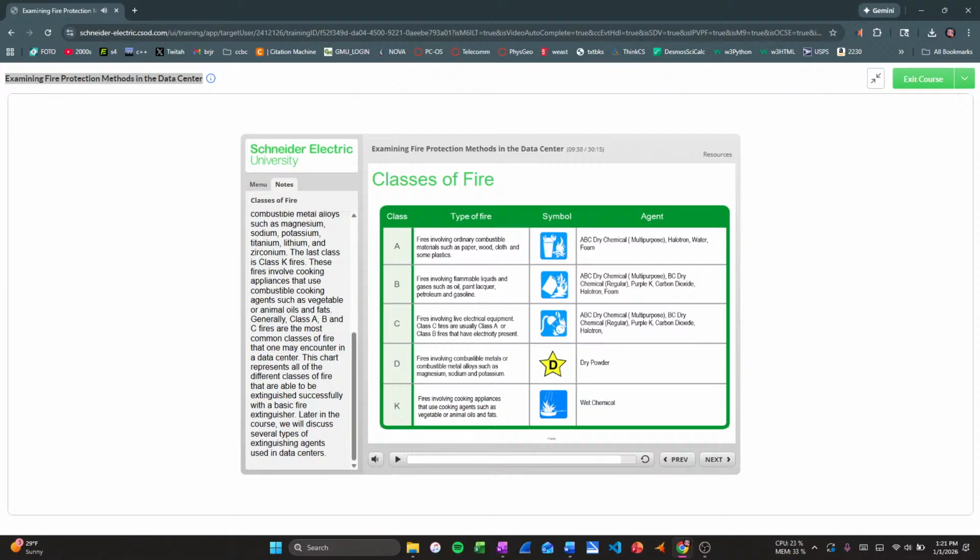Later in our course, we'll discuss several types of extinguishing agents used in data centers.